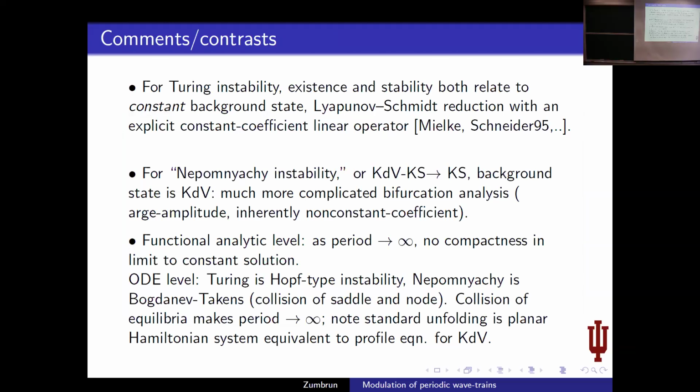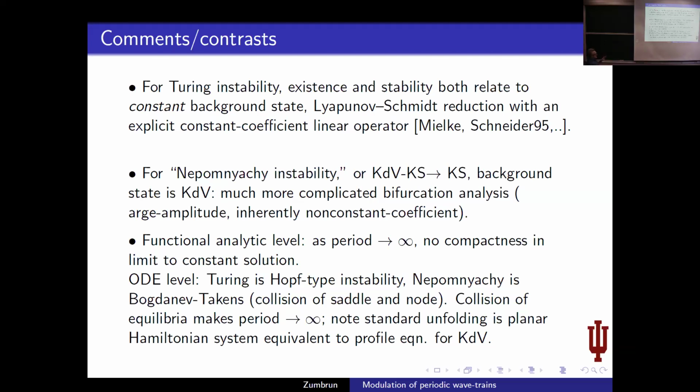All right. Okay, so if you have a standard Turing instability, the existence and the stability both relate back to a constant background state, right? You look at the Fourier symbol of the background state, and then you do some kind of Lyapunov-Schmidt reduction, projecting out the kernel, getting a reduced equation. The operators you work with are all for that constant coefficient background state.